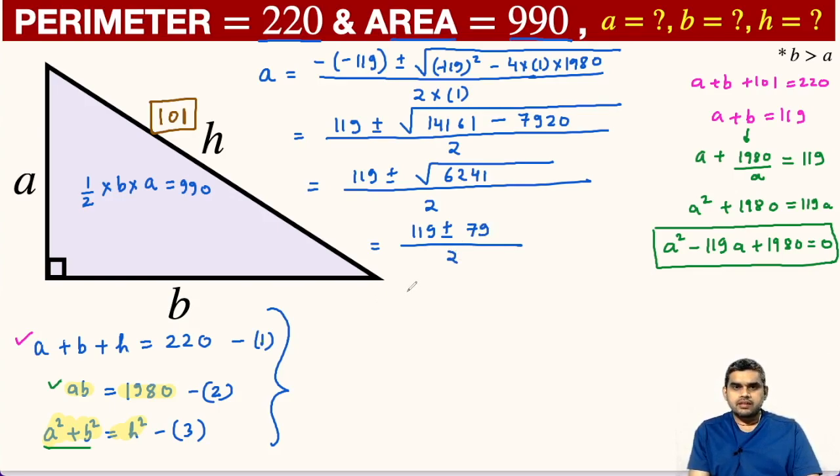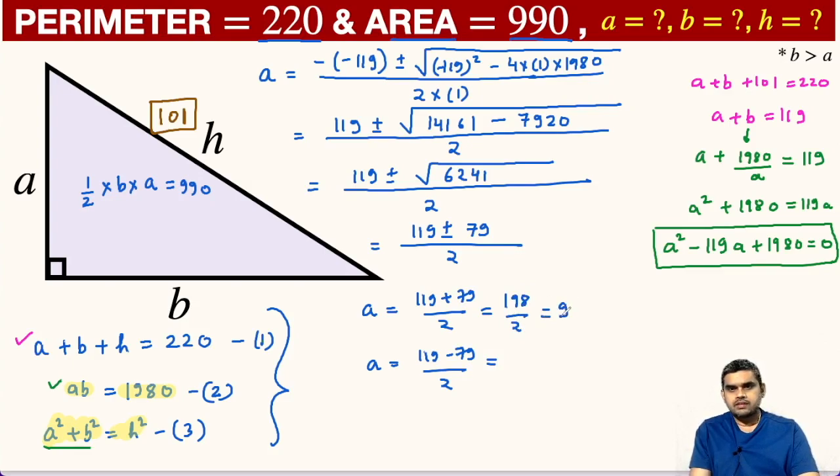So from here, a will be 119 plus 79 upon 2, or a can be 119 minus 79 upon 2. So 119 plus 79 will be 198 divided by 2, that is 99 units, or 119 minus 79 will be 40 divided by 2 will be 20.